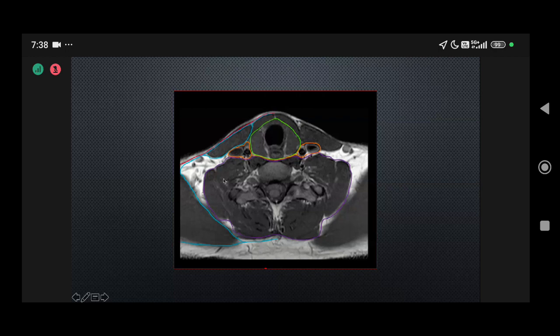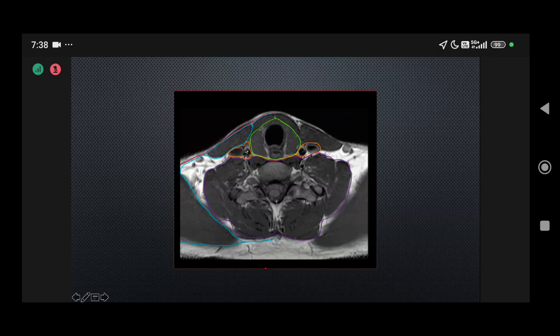Here you can see that it encloses the entire vertebral column and the perivertebral muscles. So here you can see the layers of the cervical fascia. Now the important structure here is the carotid sheath.